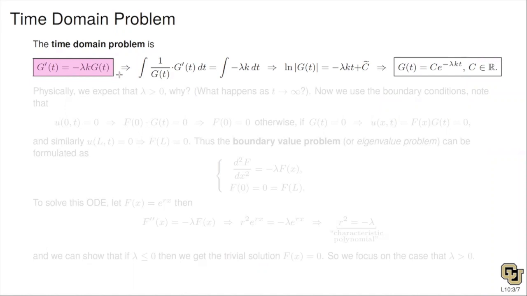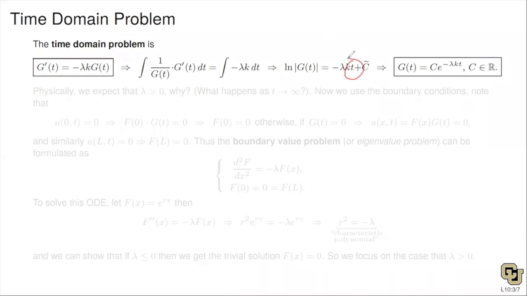And so now we do the ODE technique of separation of variables, which is what? I put all the t variables together. So this g of t, I'm going to move to the other side and then integrate both sides. The integral of g prime over g is the natural log. Integral of minus lambda k is minus lambda k t plus c, right?